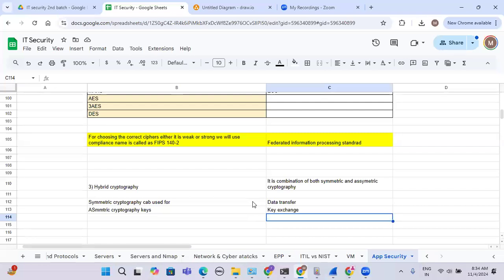Not only that, take the example of a VPN tunnel. Maybe you are connecting through remote VPN to access your office application. First it will form a tunnel between your home location and the respective office location, and it will exchange the keys.